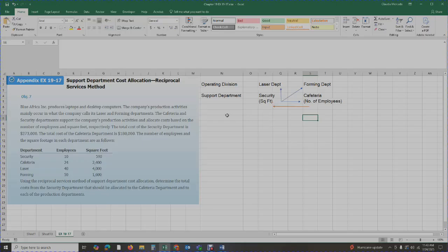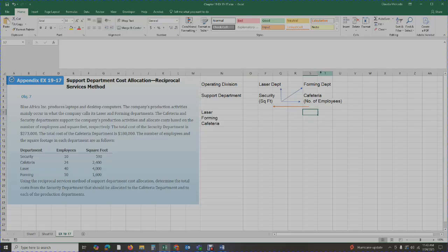Okay? So what are we going to do first? We're going to bring in our three departments that we're going to allocate to. We're going to allocate to the laser. We're going to allocate to the forming. And we're going to allocate to the cafeteria. So when we're dealing with the security department, we're going to be allocating to those three departments. Okay.